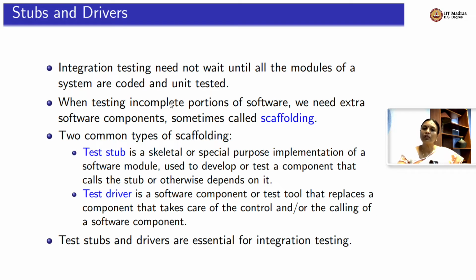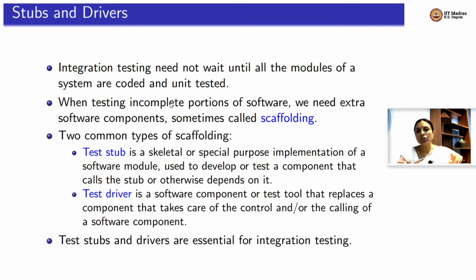There are 2 kinds of scaffolding that you can do. One is called a test stub, the other is called a test driver. So let's say module A calls module B. Module A is fully ready, unit tested, and you would like to test the interface between A and B. Module B is not yet ready.